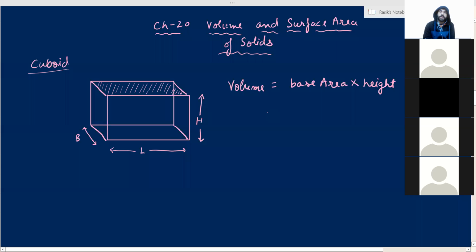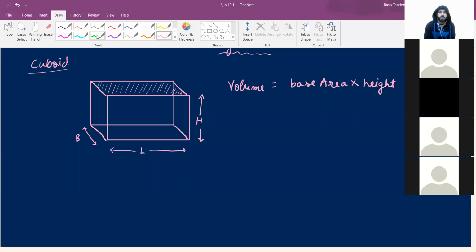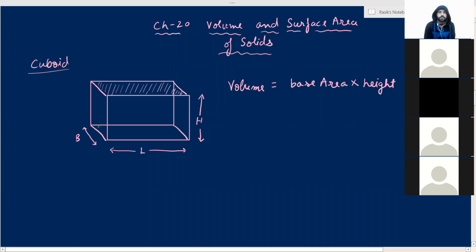Base area into height. What is the meaning of base area? Can you tell me what is the base of this cuboid? The base of the cuboid is in which shape? Look at this. This is the base, right? This is the base of the solid.